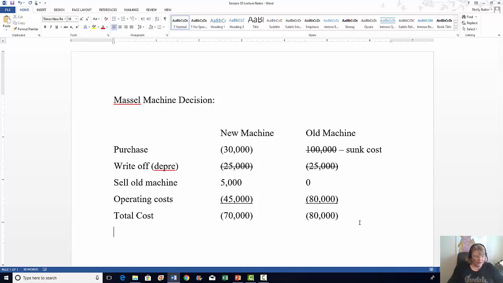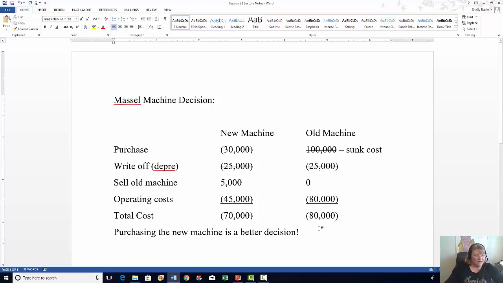And so purchasing the new machine is a better decision because it will only cost you out of pocket $70,000, where the old machine will cost you $80,000.